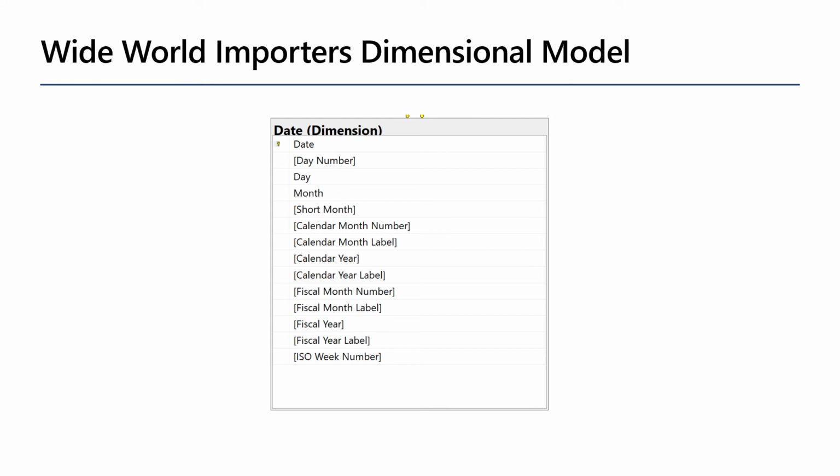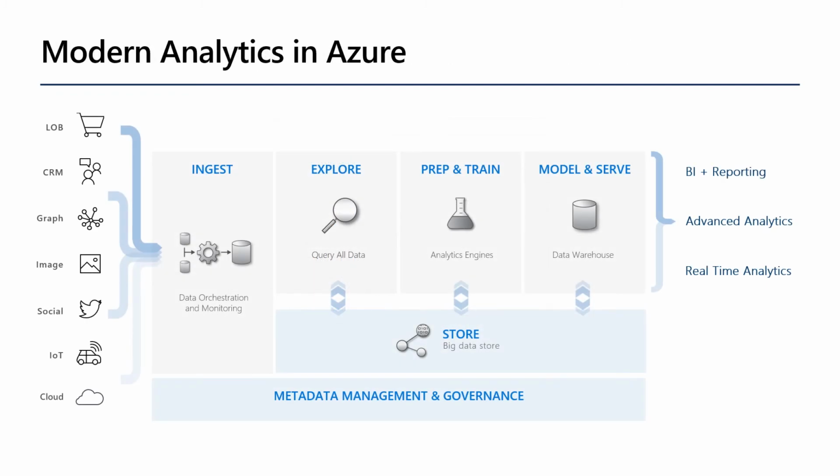As I mentioned previously, the date dimension is something that you would almost always see in a dimensional model and something that provides a lot of value for reporting and analysis over time. So as we conclude our session today, I wanted to return to the architecture diagram for a modern analytics solution in Azure. We talked about taking data from a variety of different data sources and a variety of different data formats and ingesting that data and storing that in Azure Data Lake storage.